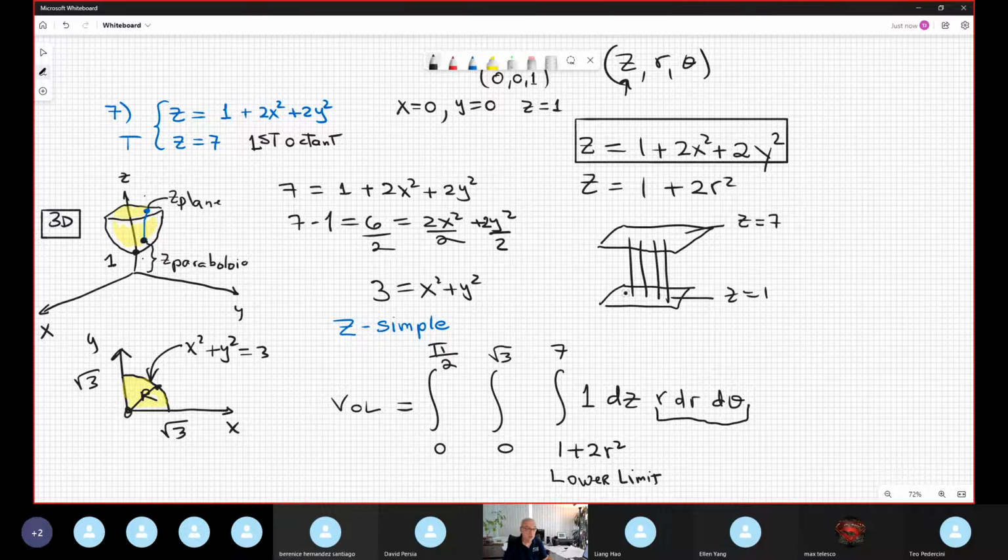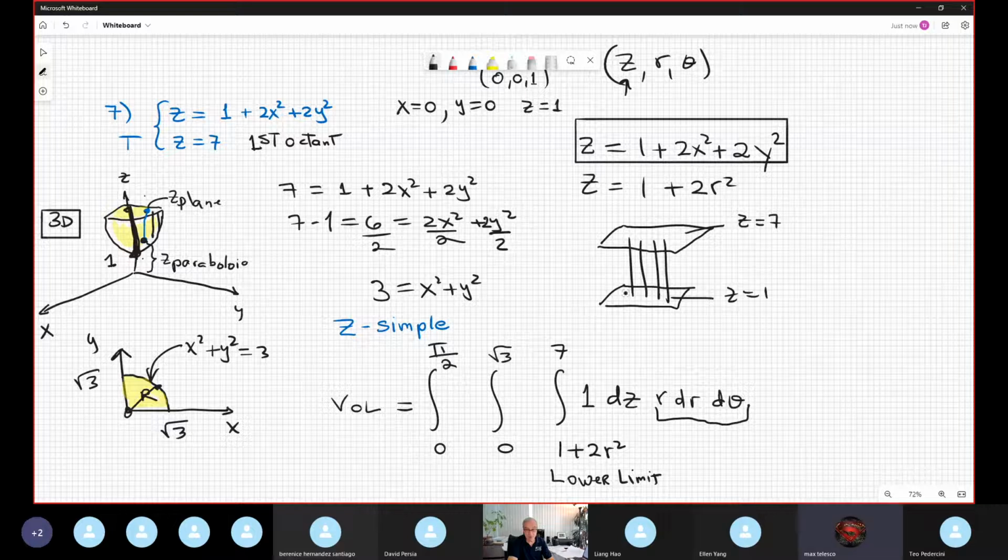However, this distance is not constant. 1 is this, 7 is this. I agree with you on this part, yes, but on this part, no. You see, this is a small distance, and how you indicate a small distance is a variable. Depending on the radius, at the origin the distance is obviously 7 minus 1, 6. However, when you go away from the origin, the distance decreases, no? And you consider it variable.